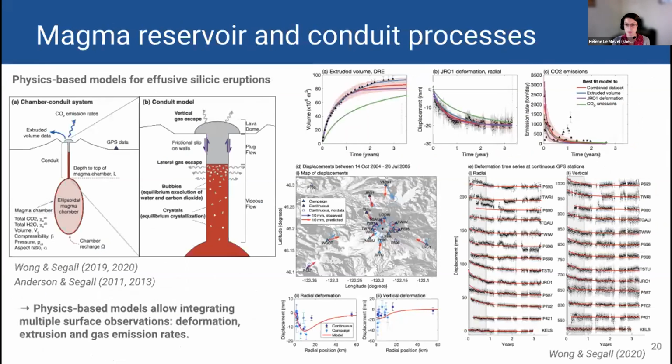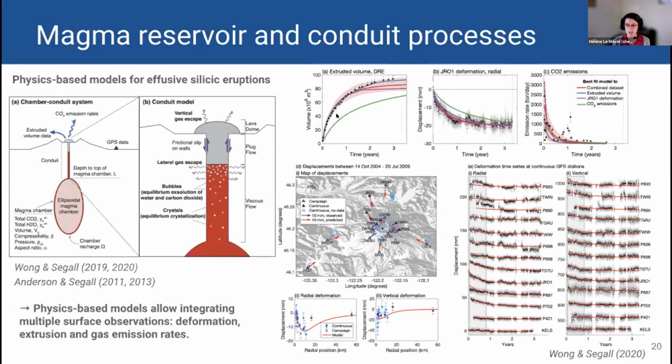Another category of models that look at the processes happening in the conduit, but this time between the reservoir and the surface, are the physics-based models, such as the studies from Kyle Henderson and Paul Segall and Yinki Wong and Segall. So although this is a 1D time-dependent model, the magma contains crystals and bubbles, and both viscous flow and plug flow are solved for.